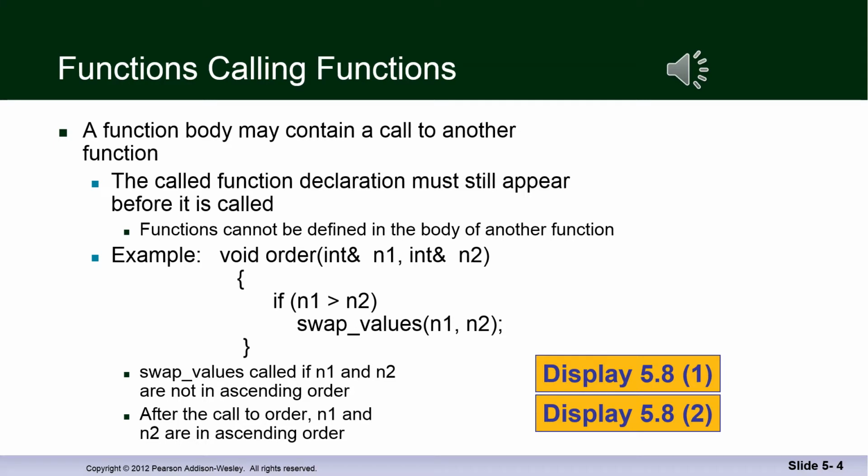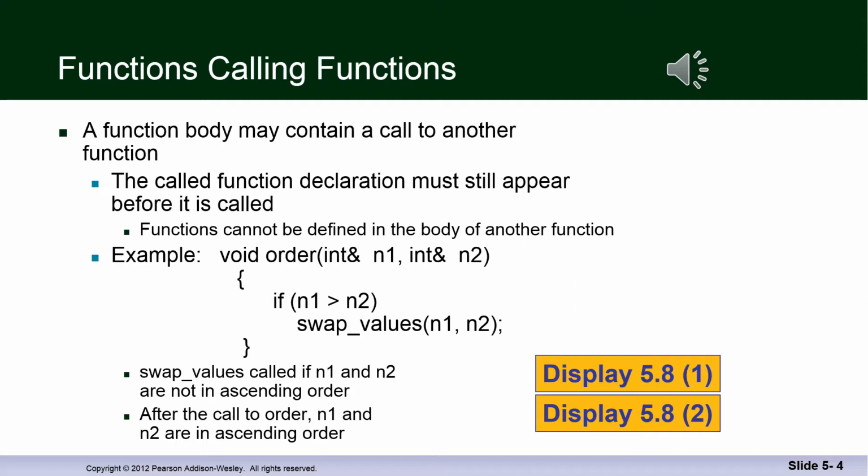Here's an example of a void function named order. It has 2 parameters, both integers, and both call by reference parameters. And within the body of order, if n1 is greater than n2, it calls the function swap values, and it swaps n1 and n2.